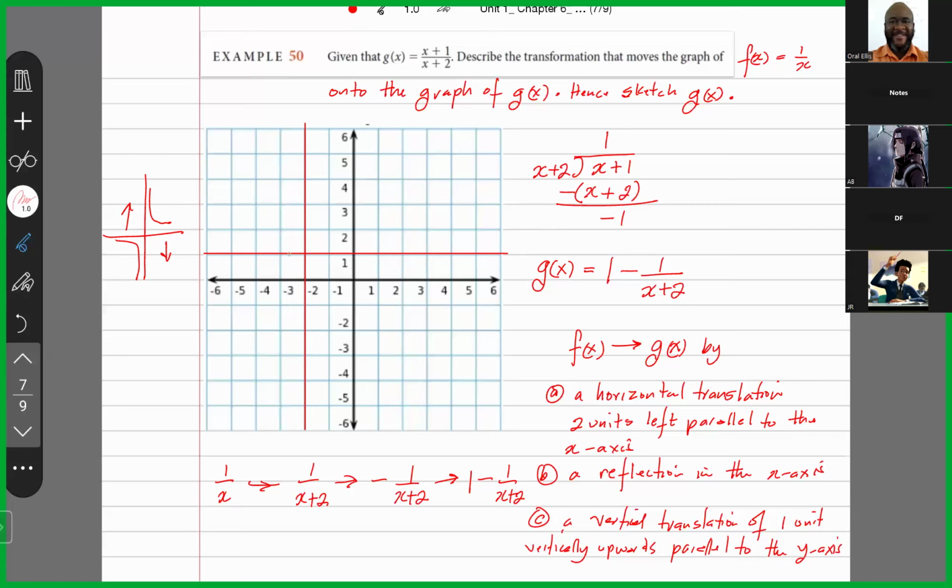If I wanted to be specific, something like that. So it looks something like this. And this part of it would be here, here, here. This would look something like this.